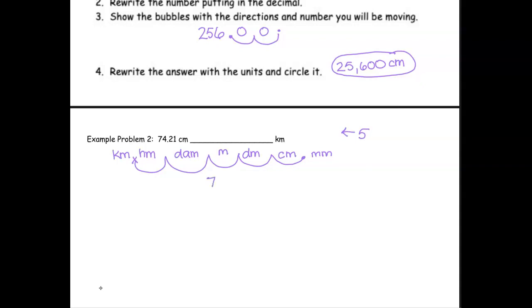So I write my number, and I'm going to bubble the same direction and the same amount of times. 1, 2, 3, 4, 5. And then the empty bubbles, I'm going to put zeros. And I'm going to rewrite my answer neatly so my teacher will be happy with me.